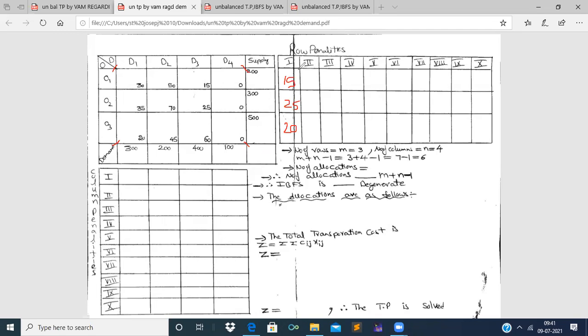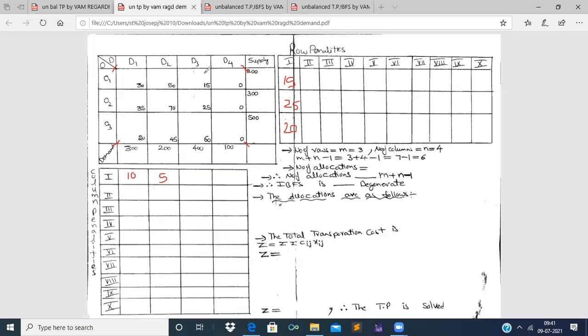Now, the row penalties are filled up, and now let us go for filling the column penalties. The first least cost is 20 and the next least cost is 30. Therefore, 30 minus 20 is 10. Now, if I go for the second column, the first least cost is 45, and the next least cost is 50. 50 minus 45 is 5, right?